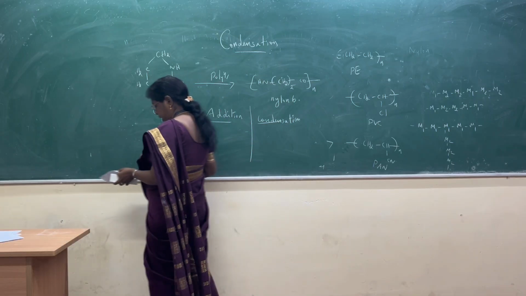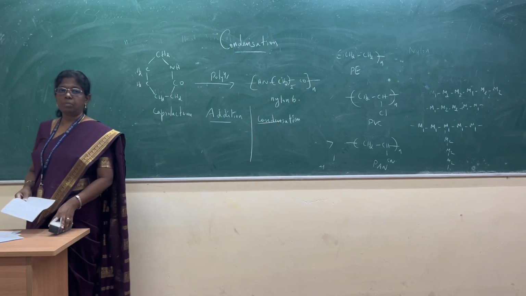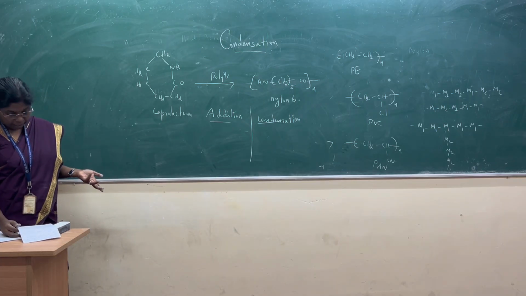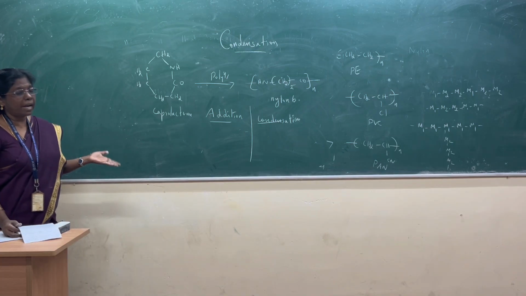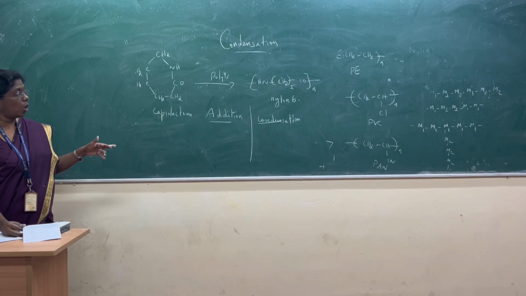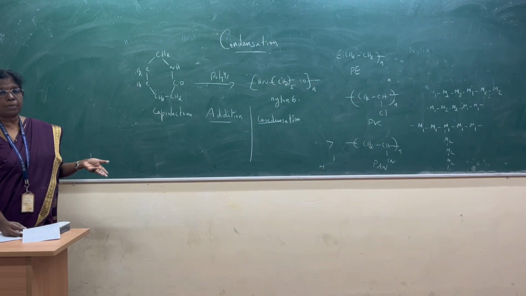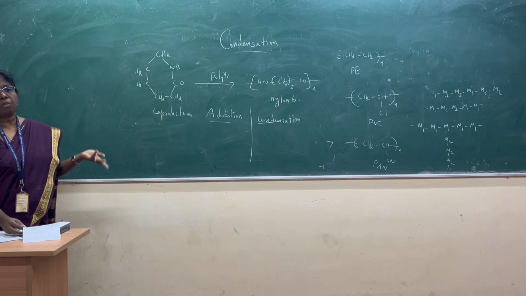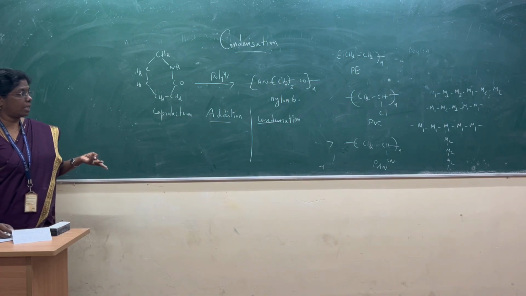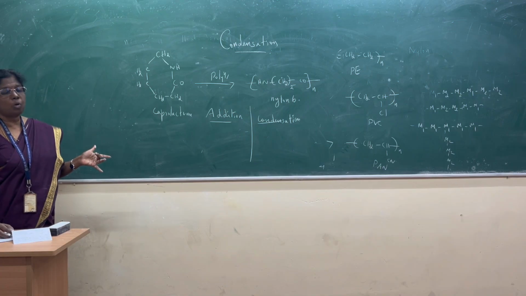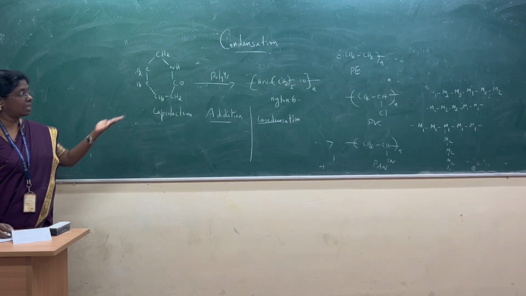Addition polymerization is called chain growth, whereas condensation is called stepwise. Second point: in addition, the polymer is obtained without elimination of small molecules like water or HCl. In condensation, the polymer is obtained with or without elimination of small molecules like water or HCl. With elimination of water, the example is nylon 6,6. Without elimination of small molecules, the example is nylon 6.